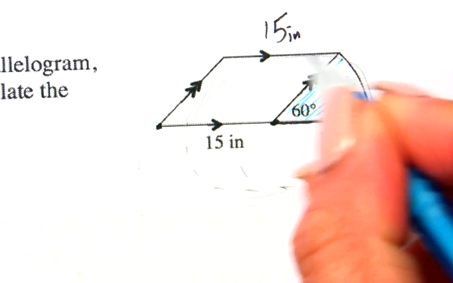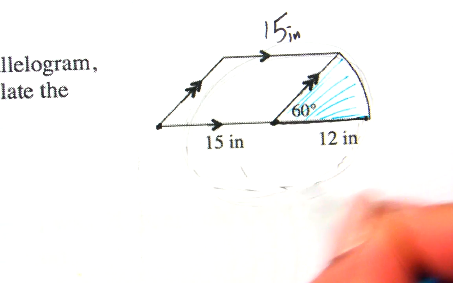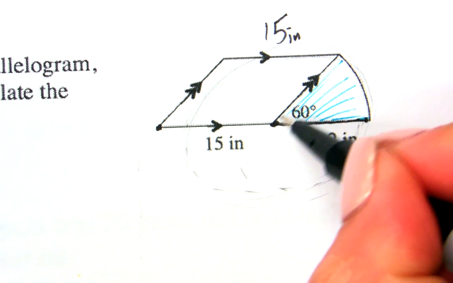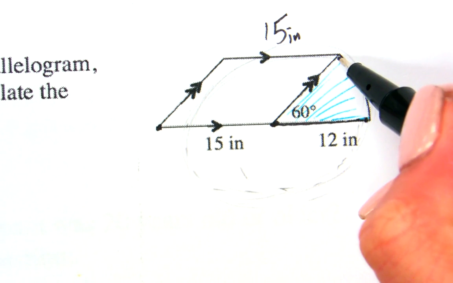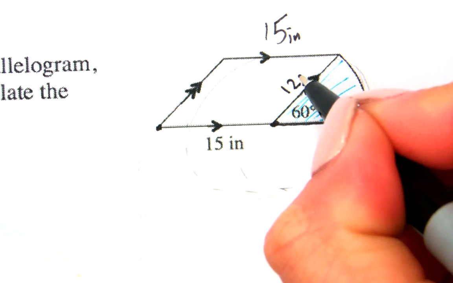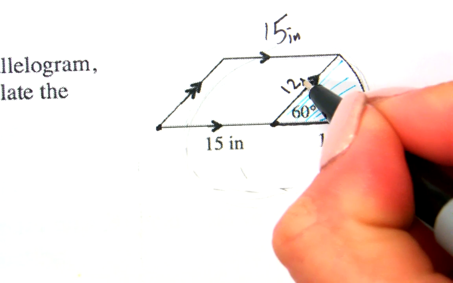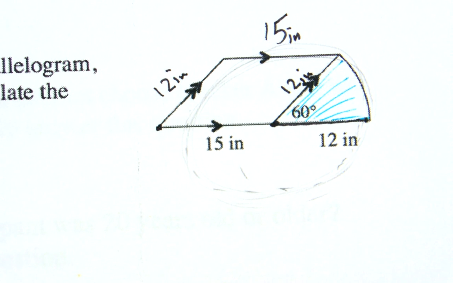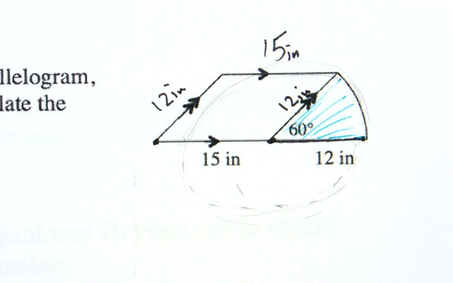It's not exactly drawn to scale, but you get the hint. And since this radius is 12, this over here is actually another radius. It's also 12 inches. And so that means this part is 12 inches also. Now, that almost takes care of the perimeter and almost takes care of the area, but not quite.